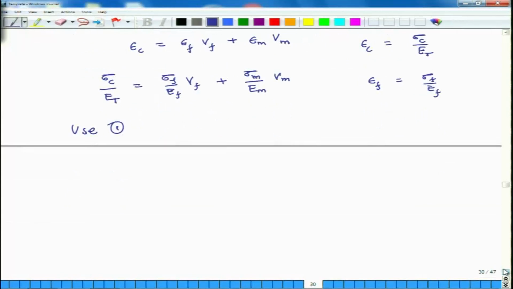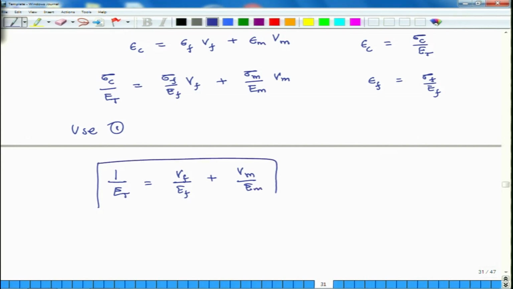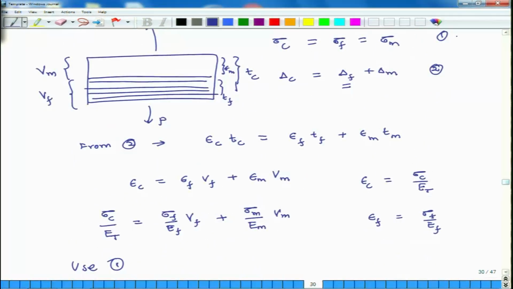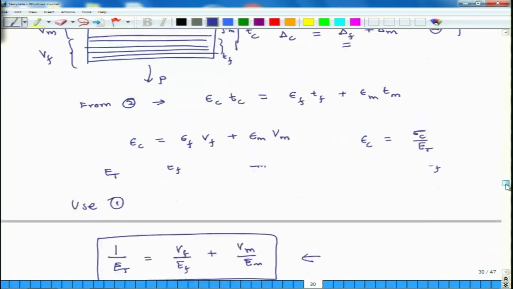So, these go away and I am left with 1 over Et is equal to Vf over Ef plus Vm over Em. So, this is one expression for transverse modulus using the assumptions listed here in equations 1 and 2.